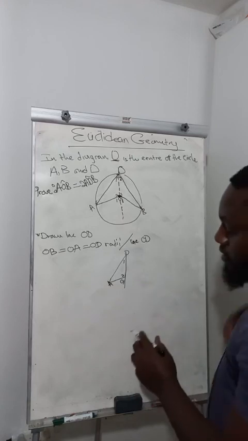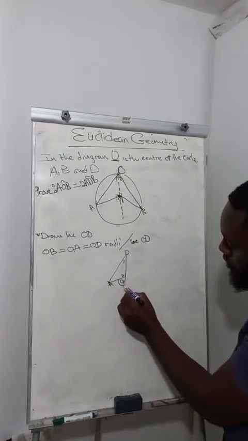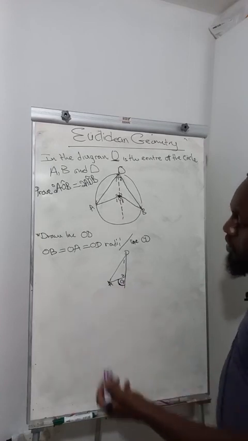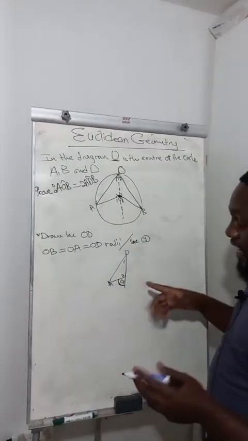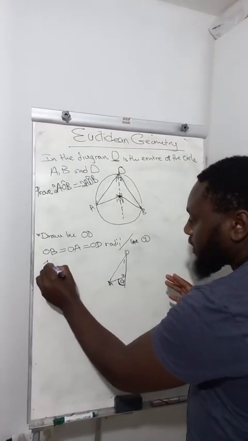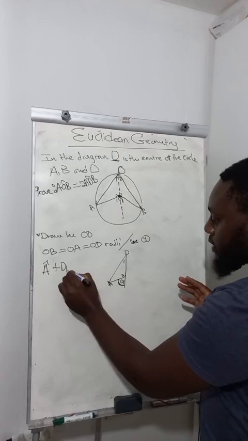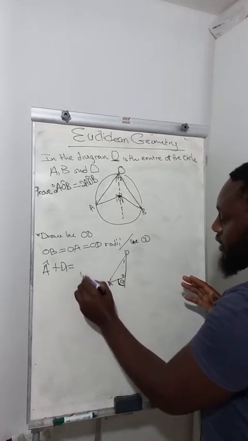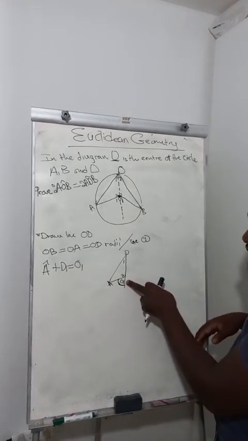So now look at this diagram. We're trying to get what this angle O1 is. If you are to say angle A plus angle D1, you'll see that they will give you angle O1, which is this one here.